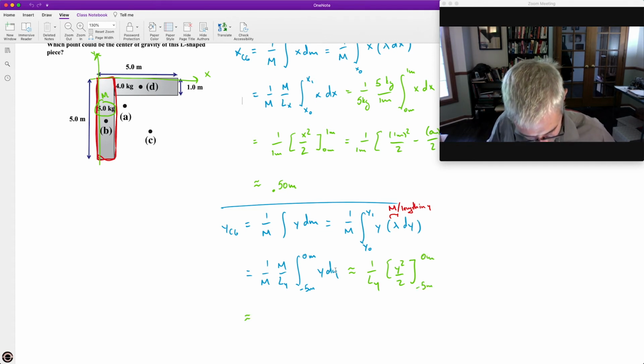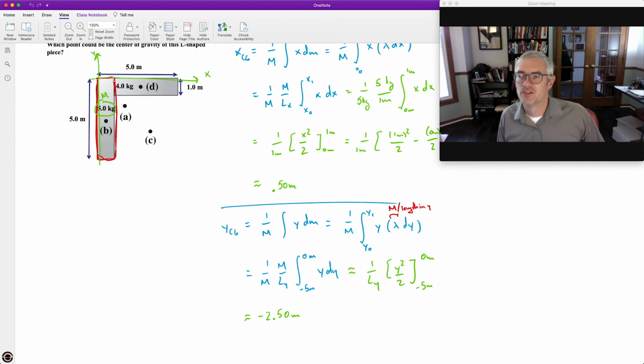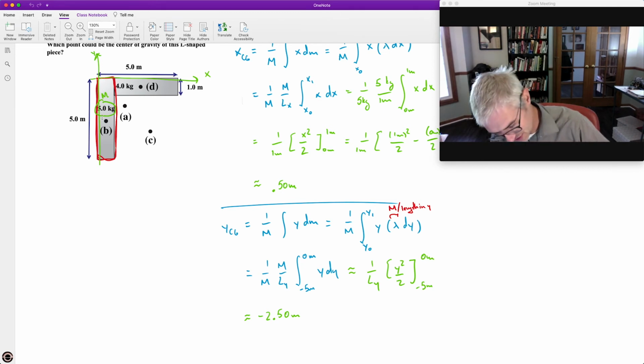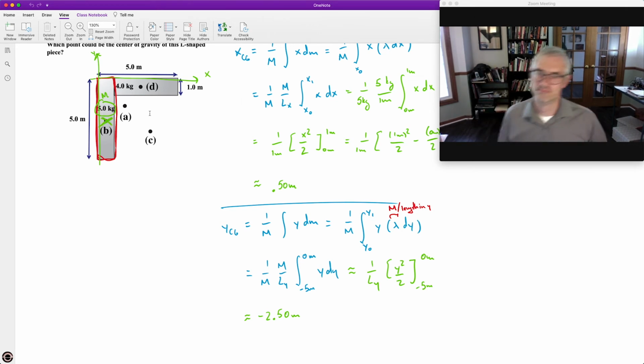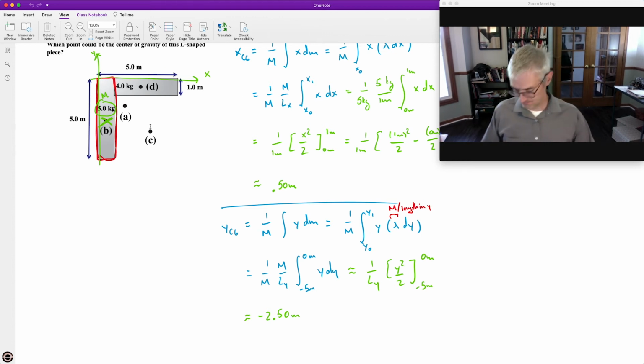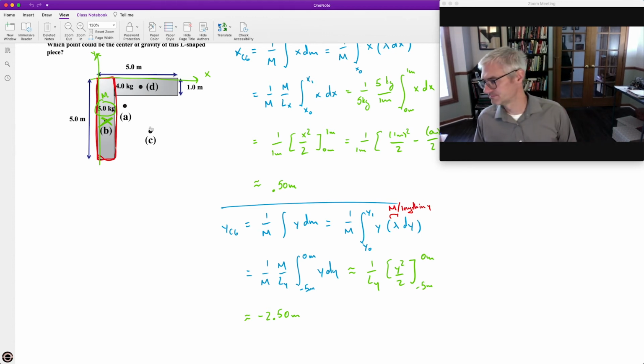Plug in everything, and that gives you negative 2.5 meters. And so that moves you from that origin down right there, and our center of gravity is going to be right here. Just as we figured, the x center of gravity moves it halfway over to the right, and the y center of gravity is halfway down the y-axis. Excellent.